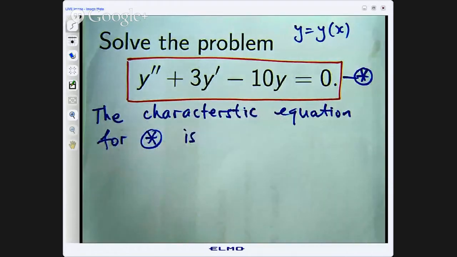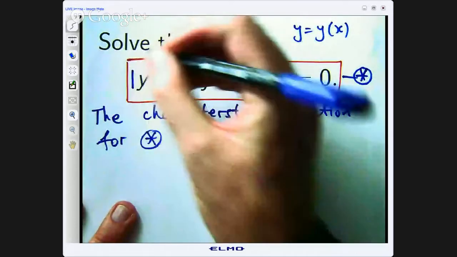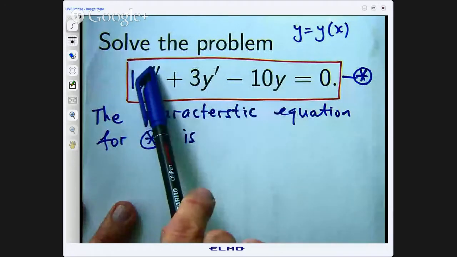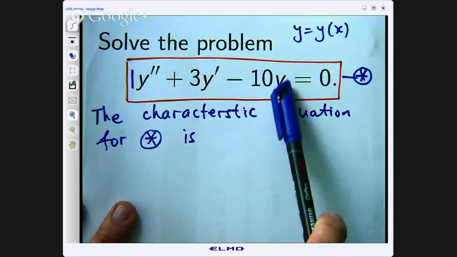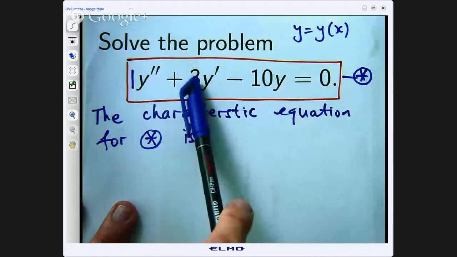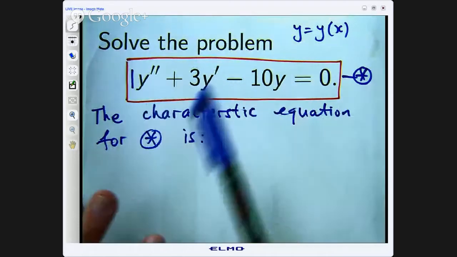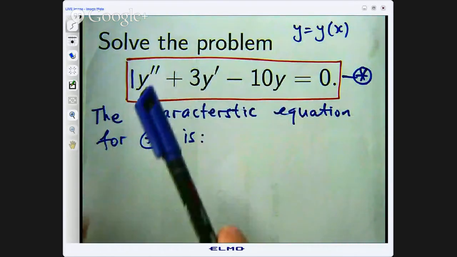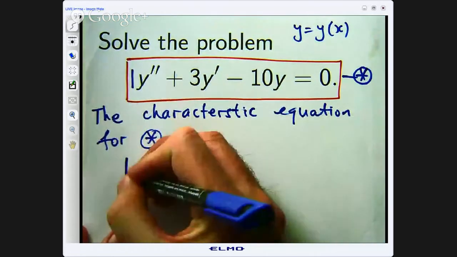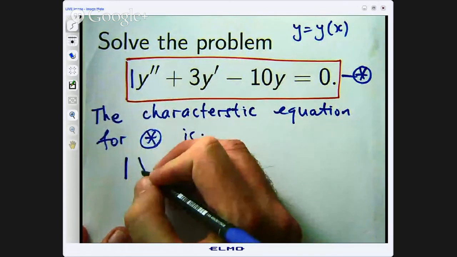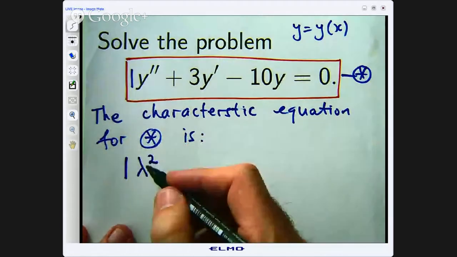What we do is, you'll notice that each of these derivatives, second order derivative, first order derivative, 0th order derivative, has a coefficient, a number in front of it. We take those numbers and write them as a quadratic equation. So the 1 here would be the coefficient of lambda squared.